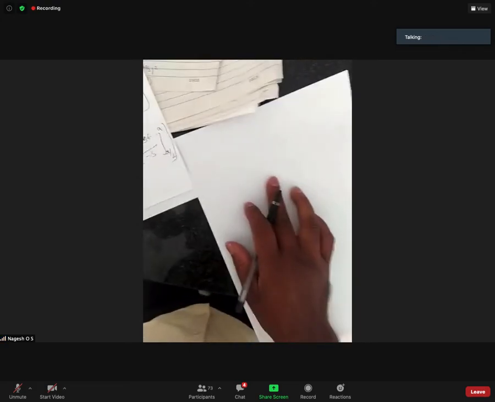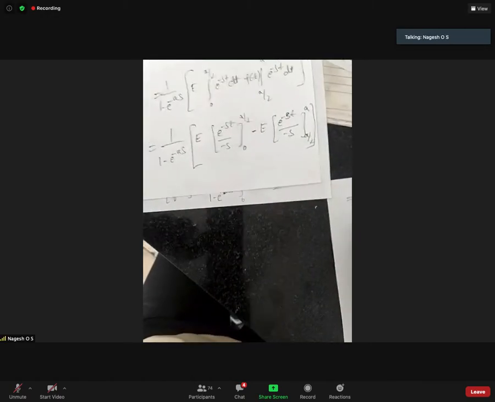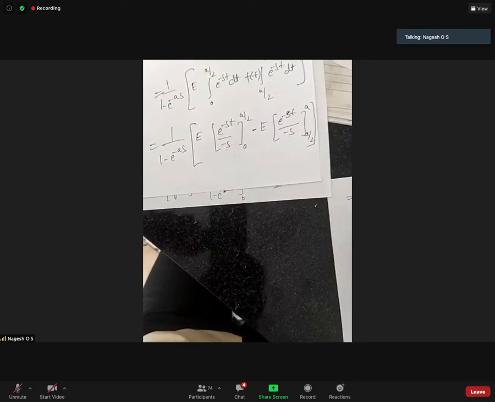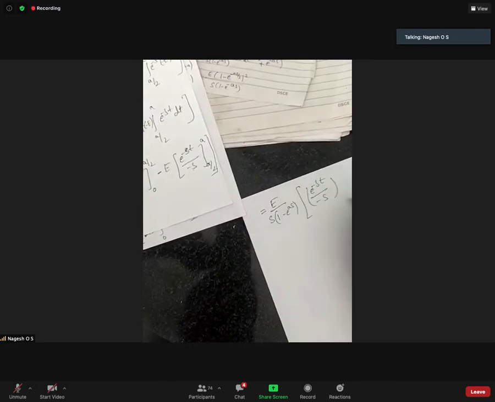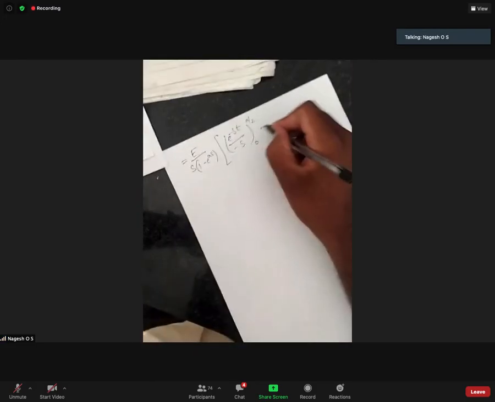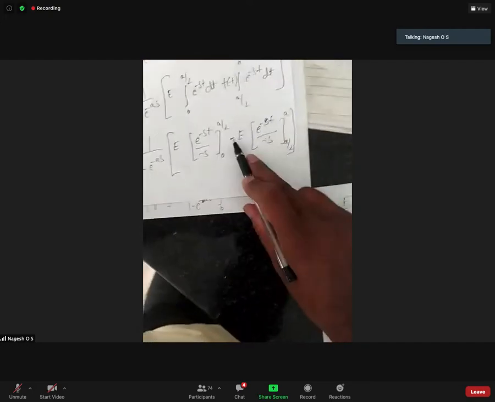Now substitute the limits. In this I will take e common. e I will write outside, e by s, and I can write s also, right? s also I will write outside. e by s, 1 minus e power minus as, e power minus st by minus s between 0 to a by 2 minus, minus into minus is plus.